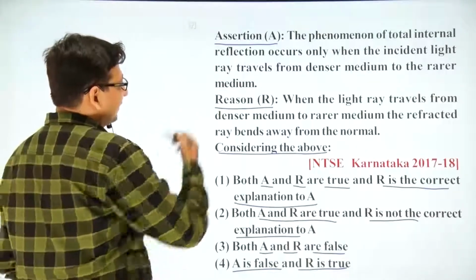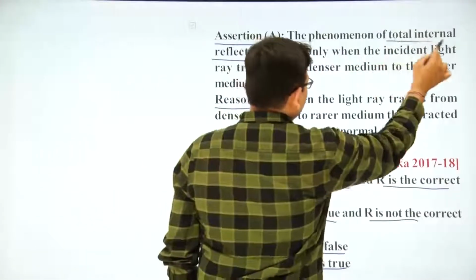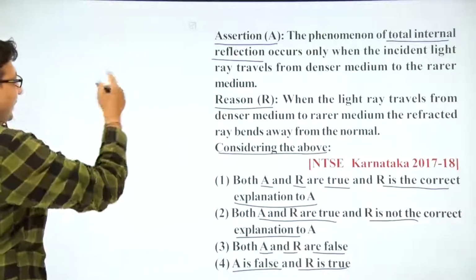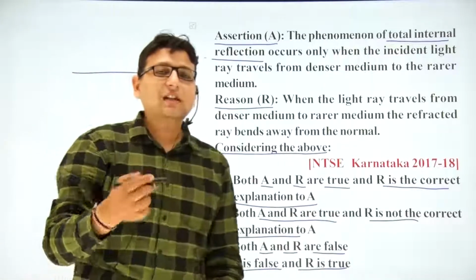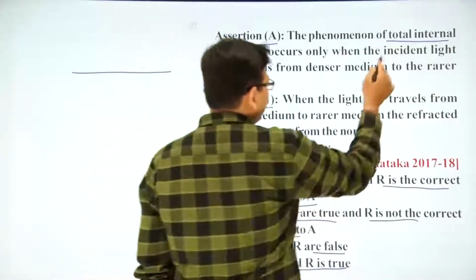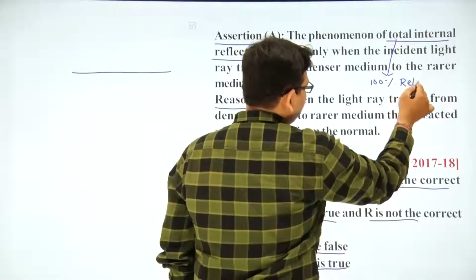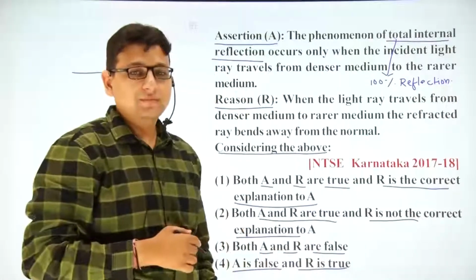Coming to the statement: the phenomenon of total internal reflection. What is total internal reflection? Total means there is 100% reflection, and 100% reflection means the surface will behave as a mirror.